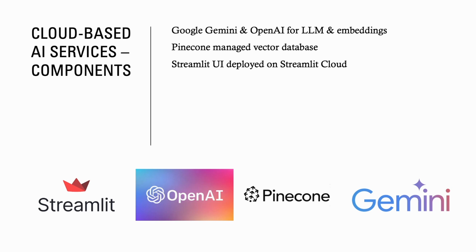The same Streamlit frontend is deployed on Streamlit Cloud, delivering a global and always-on user interface. This architecture shifts compute and storage to cloud providers, enabling elastic scalability and rapid access to the latest model improvements while minimizing local infrastructure requirements.